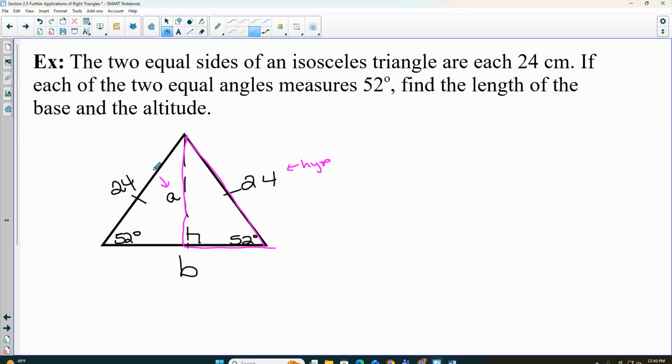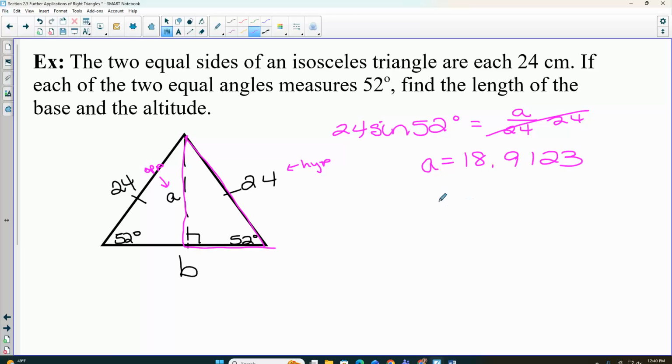A isn't touching my angle, so that's the opposite. What trig function involves opposite and hypotenuse? So the sine of 52 degrees equals A over 24. We multiply our 24 and we had two significant digits in the problem. So we get 18.9123, so that would be 19 centimeters.